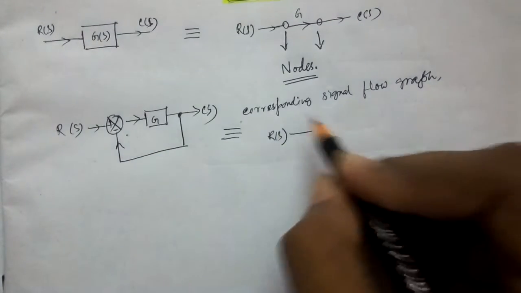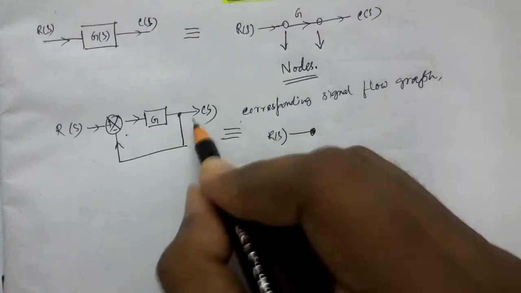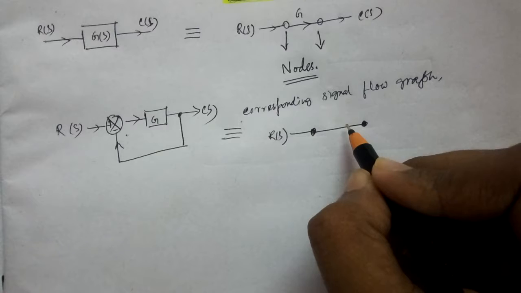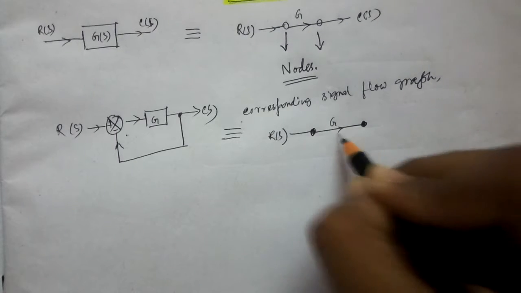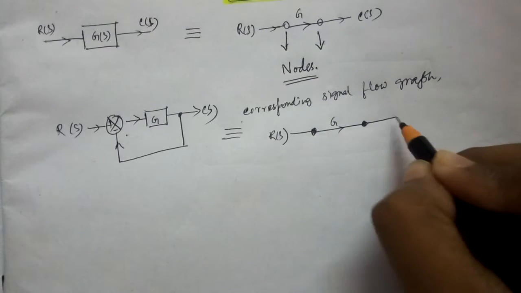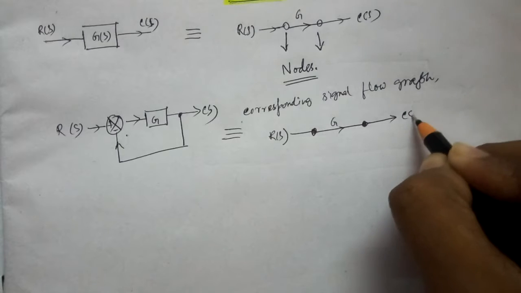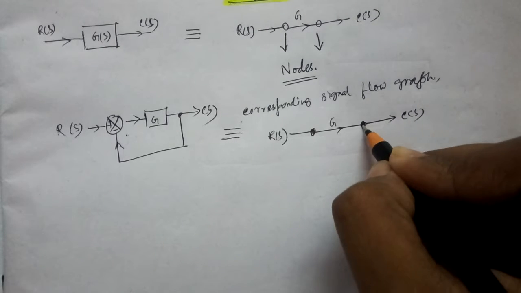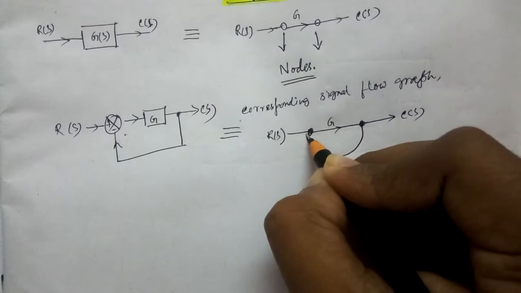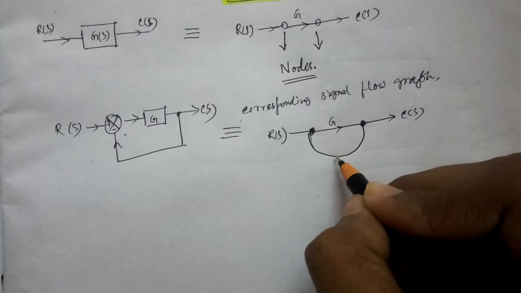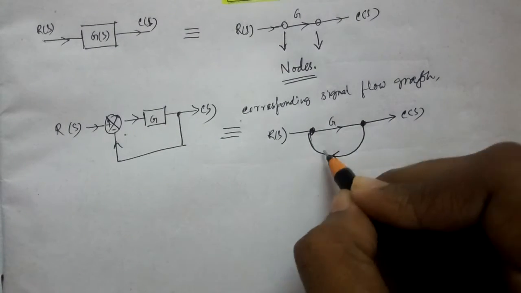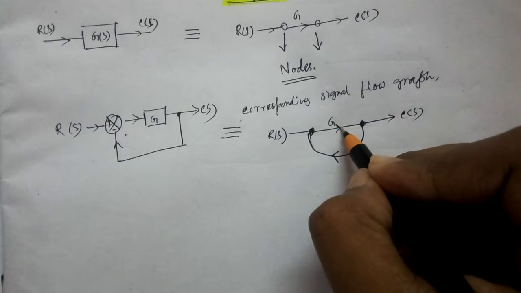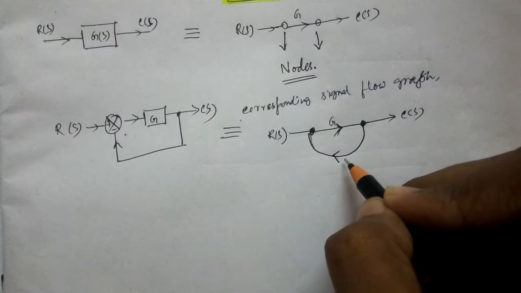For the summing point there will be a node, for the takeoff point there will be a node, in between that there will be the gain G, forward path gain, there will be the output C(s), or you can say it as C. There is the feedback, and feedback is taken like this, and feedback is represented by this arrow, that is the reverse path.